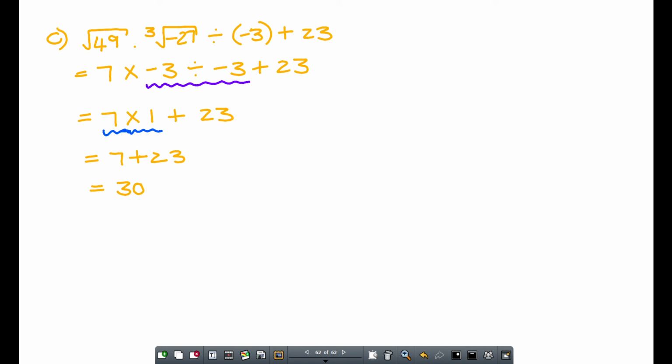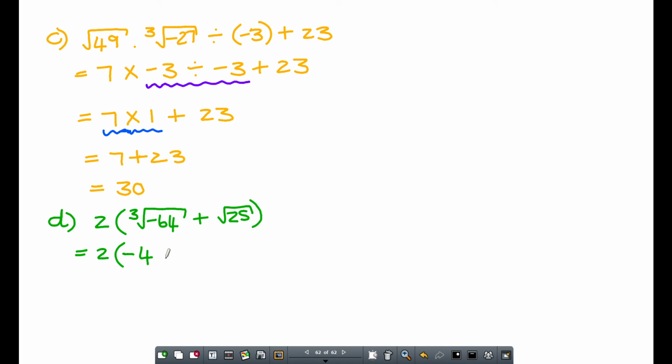Right, let's look at D. The cube root of negative 64 is going to give me minus 4.